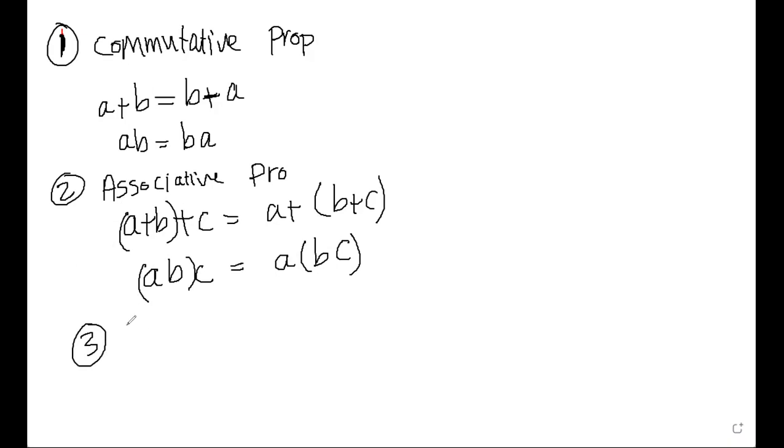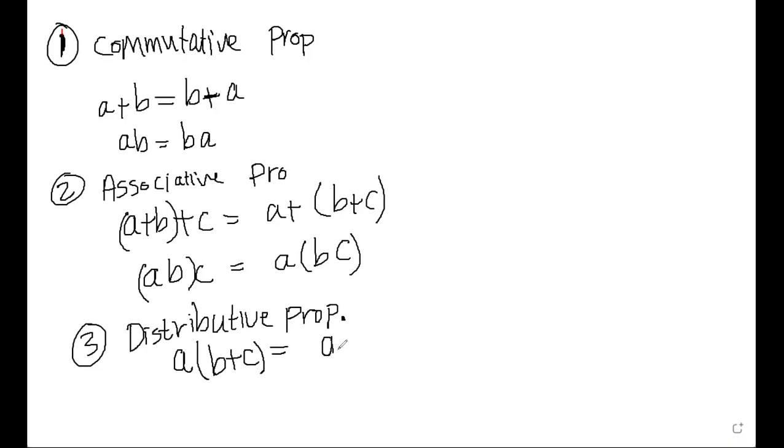The third one is the distributive property. What does that mean? This means A times B plus C is the same as AB plus AC.